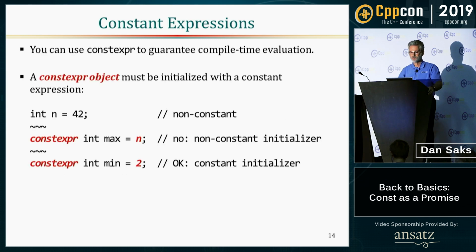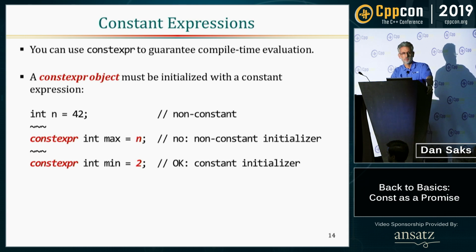Okay. So this is where constexpr comes in: a constexpr object definition gives you a guarantee that the initializer is itself a constant expression. There's a mandate that if you declare something as a constexpr object, it is an error if the initializing expression is a non-constant initializer.